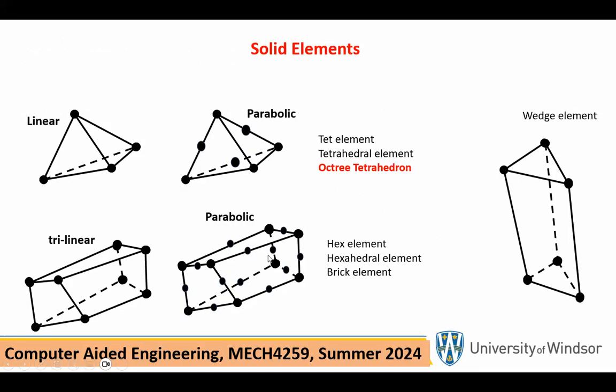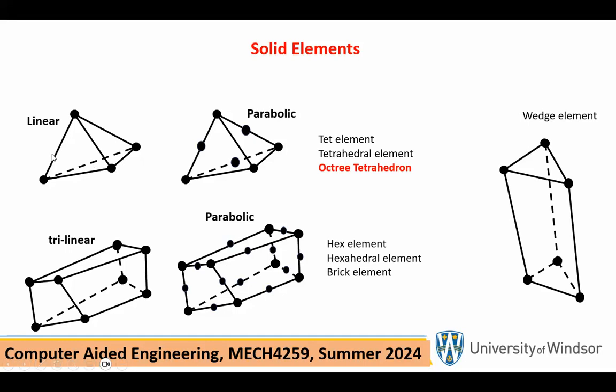All right. Now let's go back and talk about the type of elements that we call solids. Now, CATIA does not call them solids; they call them tetrahedral elements or hexahedral elements. But anyway, let me use the standard shape that CATIA uses. These are linear solid elements.